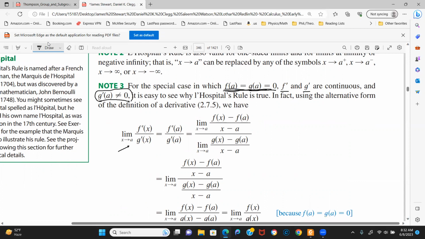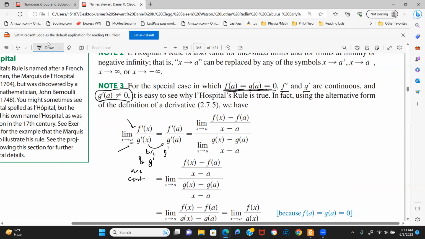Now, this step right here, going from here to here, is because f prime and g prime are continuous, right? We're assuming that. So if you want to take the limit of a continuous function at a point where it is continuous, you just plug the number in.